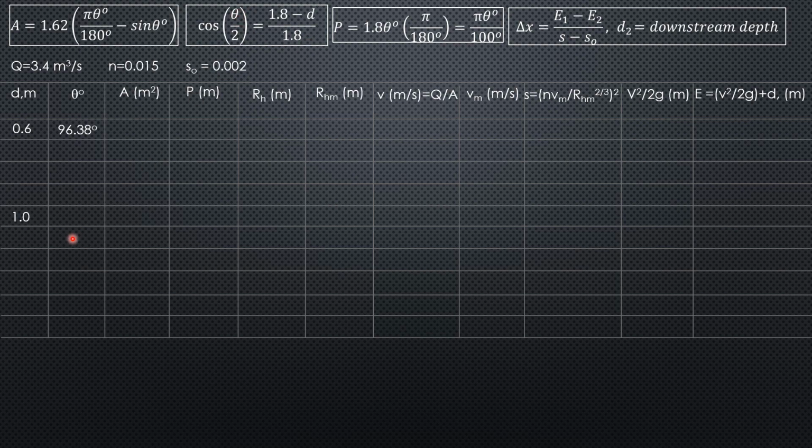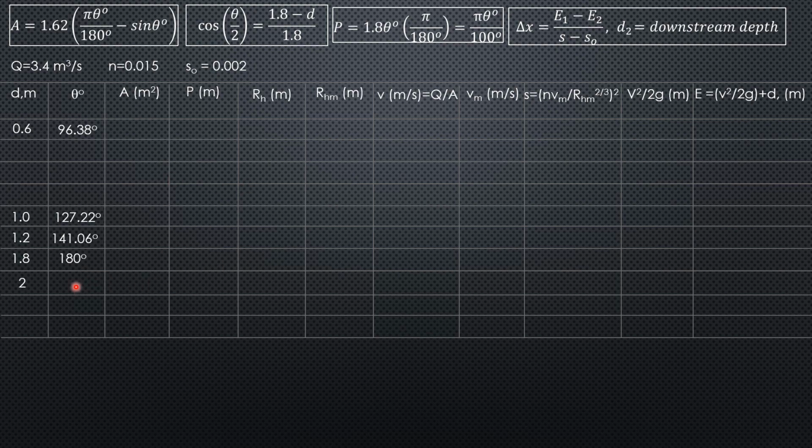Then automatically you will have theta here, 127.22, for depth of 1. For depth of 1.2, all you have to do is replace this part with 1.2 in your calculator, and you will get 141.06 degrees. Then for 1.8, replace that by 1.8, 180 degrees, of course, half, a semicircle, right?